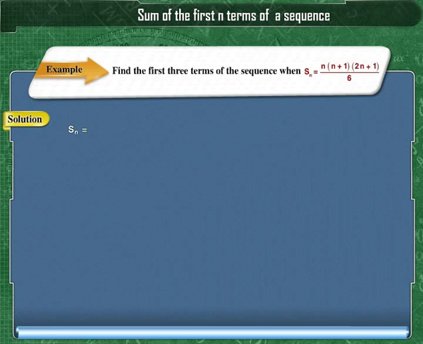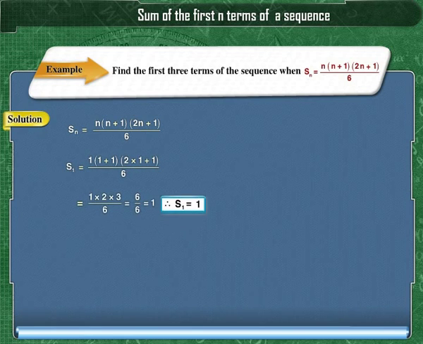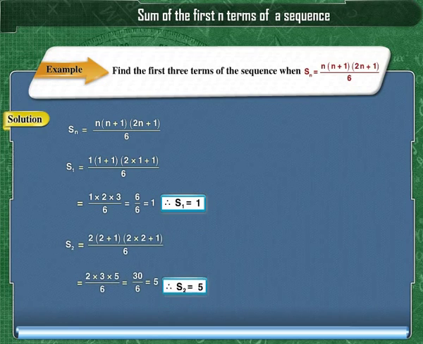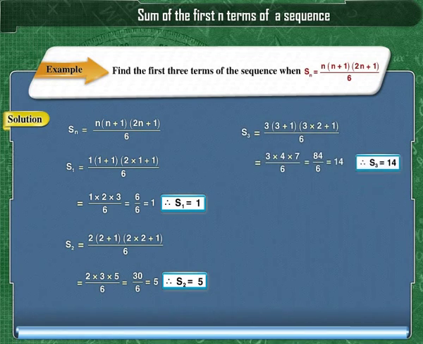Sn is given as n into n plus 1 into 2n plus 1 upon 6. By substituting n as 1, we get S1 is 1. When n is 2, S2 is 5. When n is 3, S3 is 14.